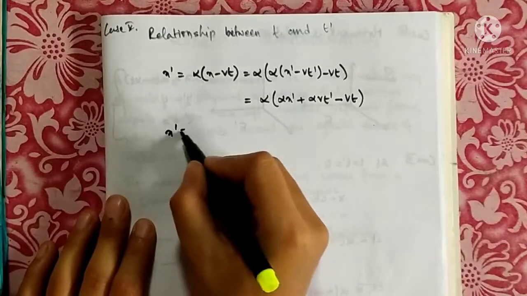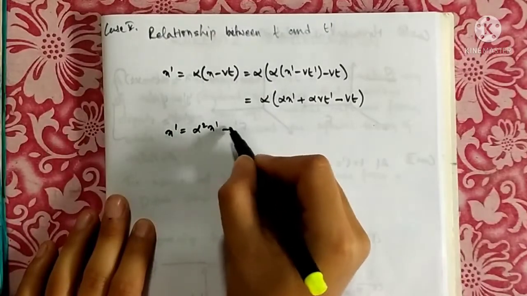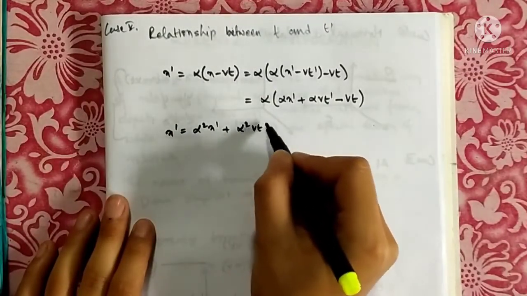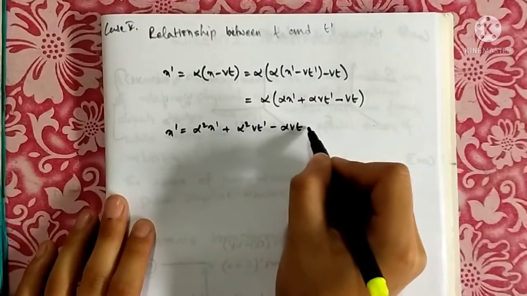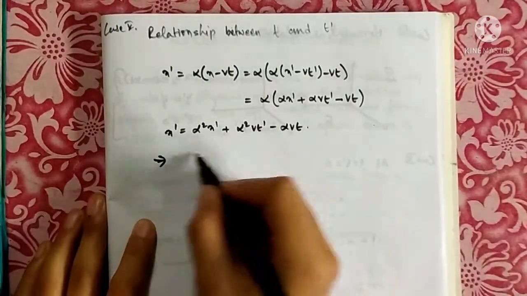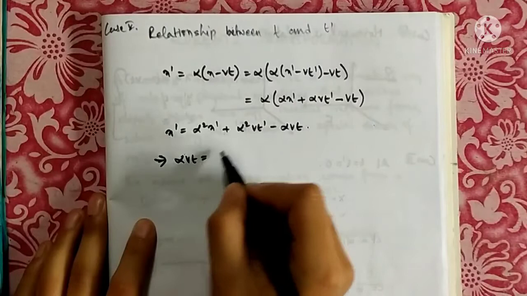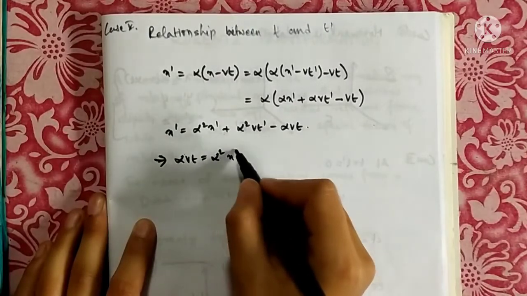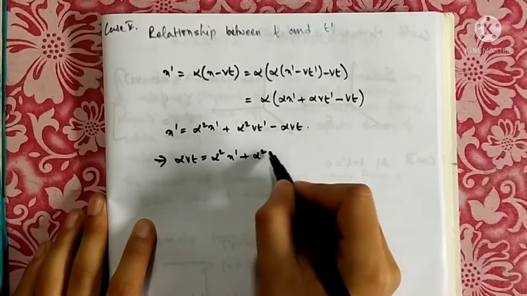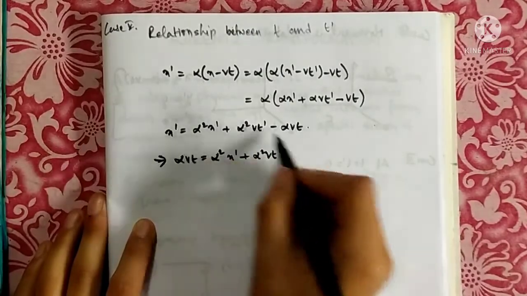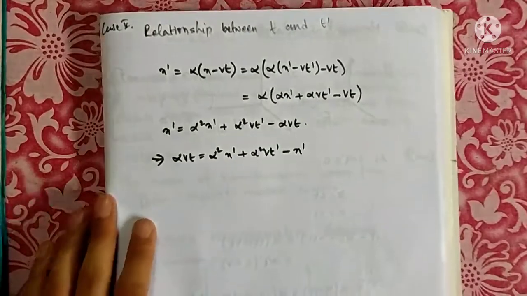So x prime is equal to alpha square x prime plus alpha square vt prime minus alpha vt. It implies that alpha vt is equal to alpha square x prime plus alpha square vt prime minus x prime.